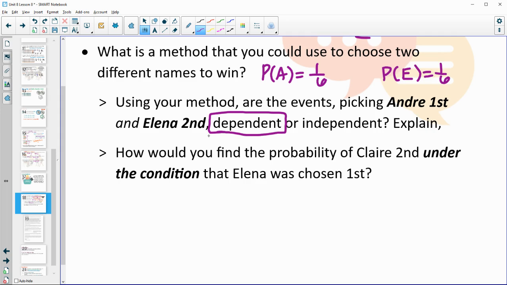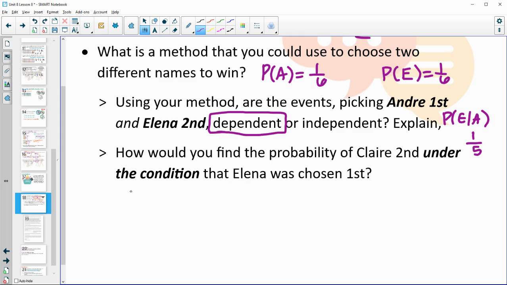However, we're drawing 2 names. So the probability of drawing Elena, given that you already drew Andre, so Elena's name is in there once still, but now we only have 5 names left because Andre's has been removed from the bag. So this probability is not the same here. So they're dependent.